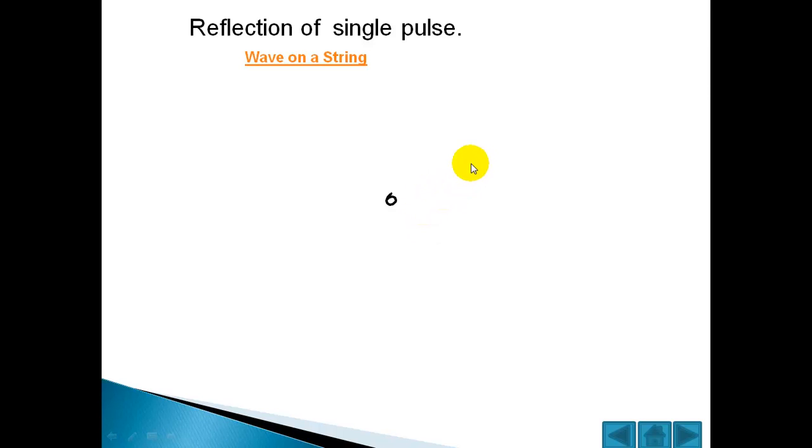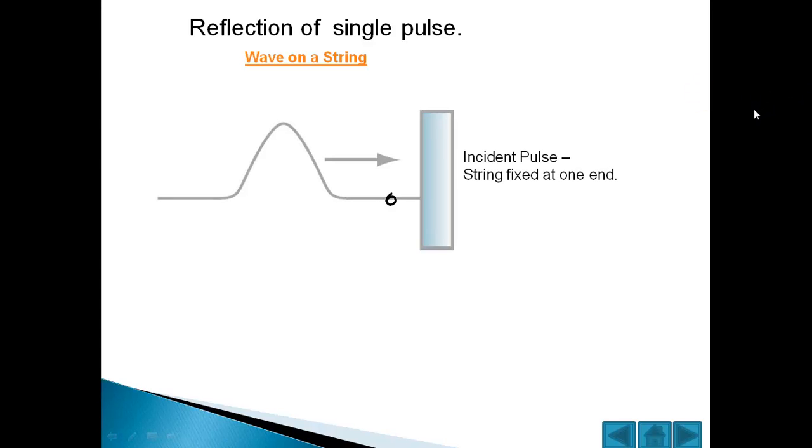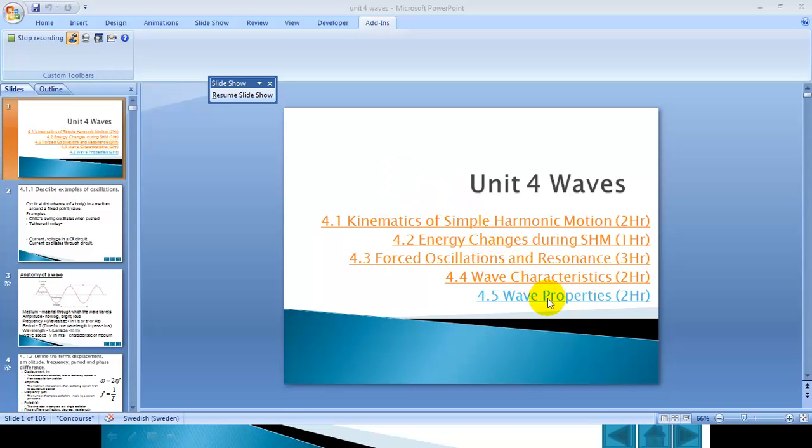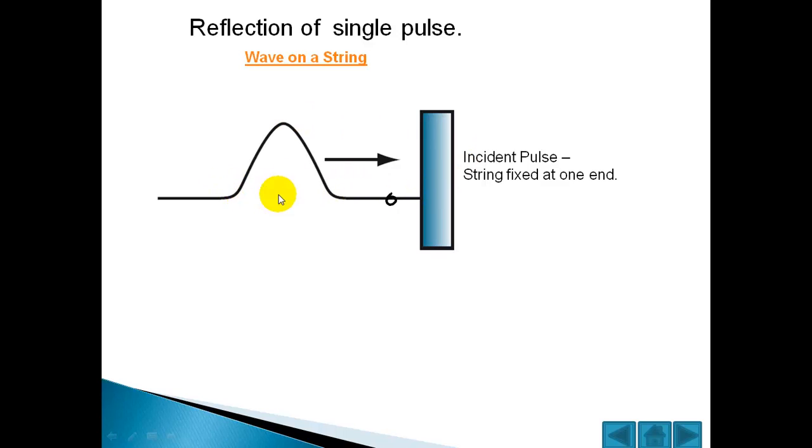Okay, what happens with the reflection of a single pulse? You have to know what happens to the wave on a string. The wave travels from left to right. From left to right, the disturbance is above the equilibrium position.